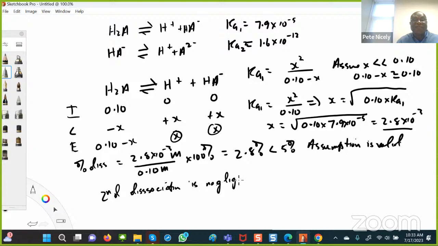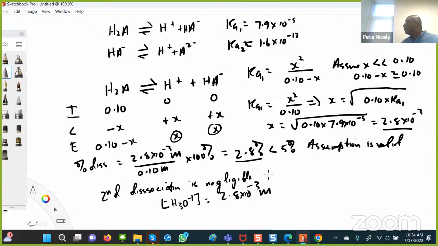And we can say that safely because the percent dissociation for the first dissociation is less than 5%. So we know therefore that for the second dissociation, the percent dissociation would be even less than the 2.8%. So therefore, we can simply take the concentration of H3O plus to be equal to 2.8 times 10 to the minus 3 M.